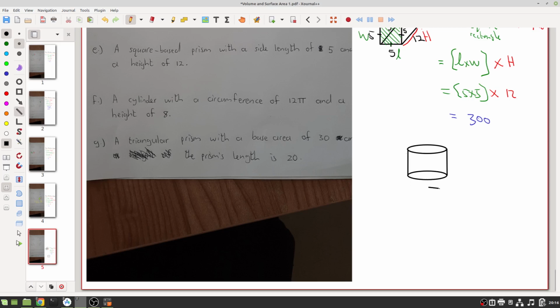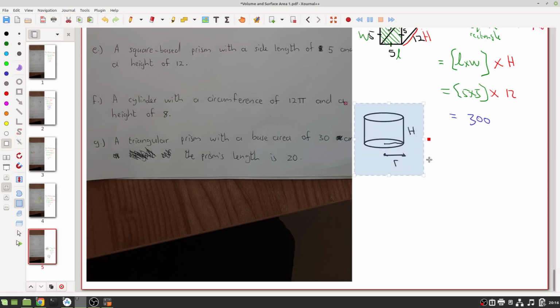So let's say this length here is our radius, but we don't know what that is, so let's just call it R, for radius, and let's call this H for the height of our cylinder. Now to find the volume of a cylinder, let's write that down again. So volume of a cylinder, we need the area of the base, and again our base is a circle, right?